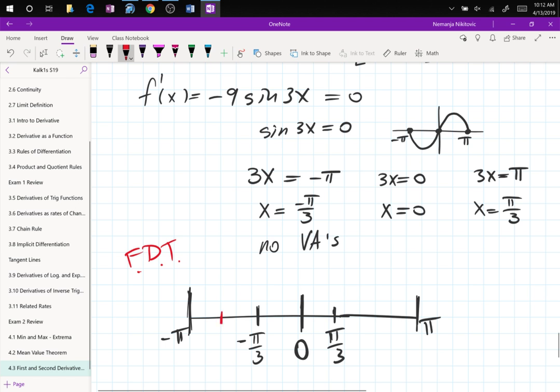So what I'm going to do is pick negative 2 pi over 3 and negative pi over 6. Multiples of 3 in the denominator will cancel the 3 for 3x in the calculation. So pi over 6 and 2 pi over 3.